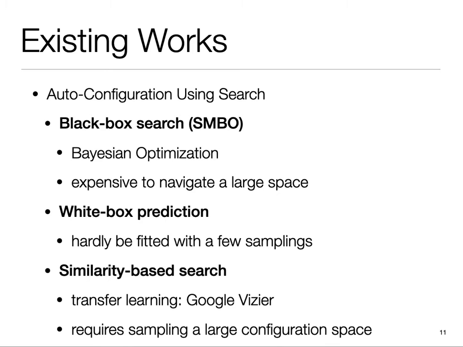Other works may also use similarity-based search, like Google Vizier, which may use transfer learning to speed up the searching process. However, we find that all of these search-based configuration methods may require a large number of samplings before they can find an optimal configuration in our problem.